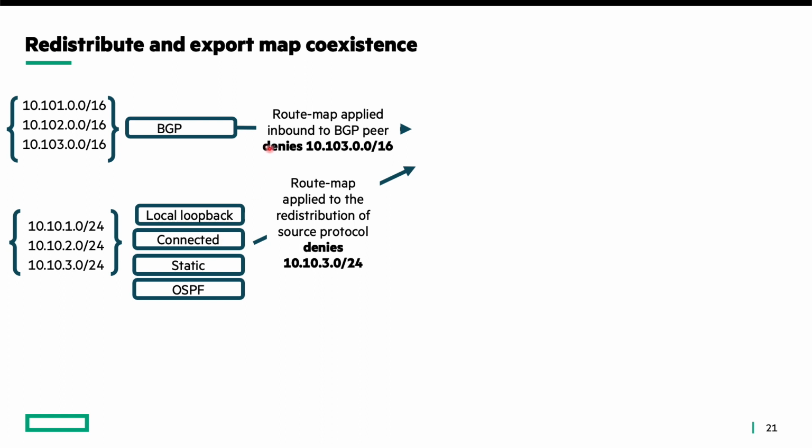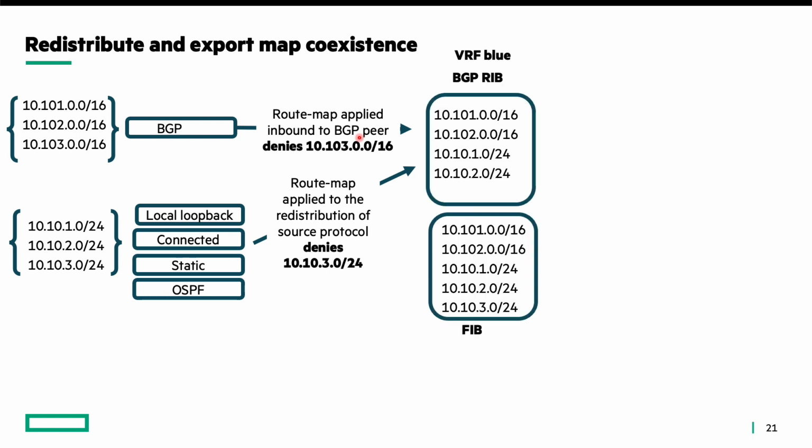If we apply a route map to a BGP peer to deny 10.10.3, and we also apply a route map in the redistribution of OSPF routes, redistribute OSPF route-map, to deny 10.10.3, then in our BGP table we don't see 10.10.3, as expected.